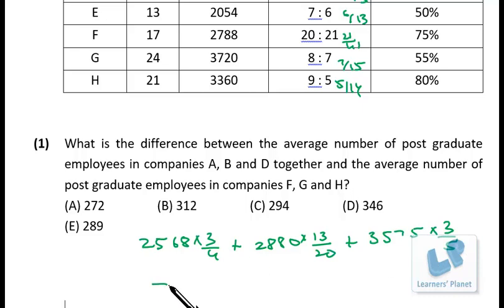Minus F, G and H. F is 75% of 2788. So 2788 into 3 by 4, minus G is 55%, that is 11 by 20 of 3720. Then H, 4 by 5 of 3360.